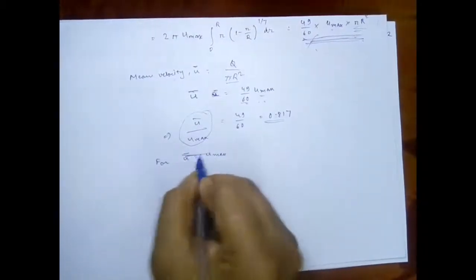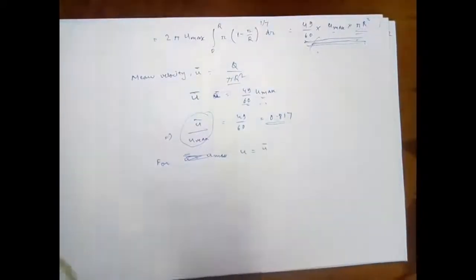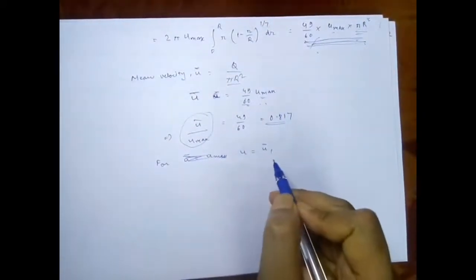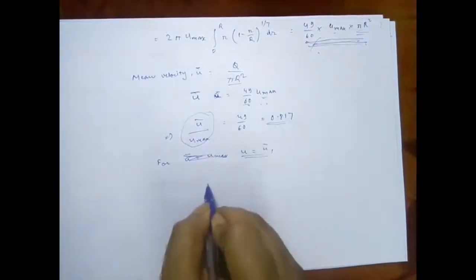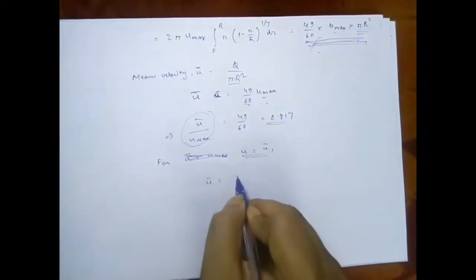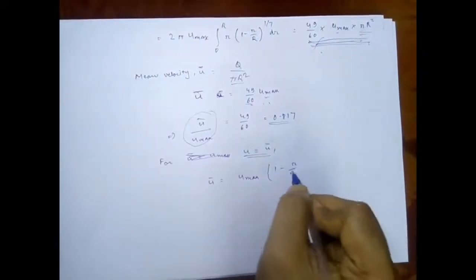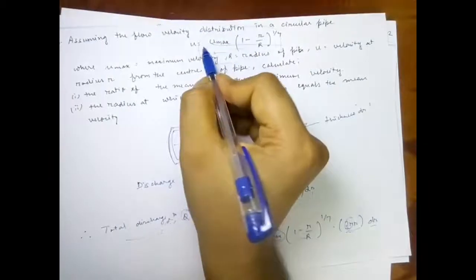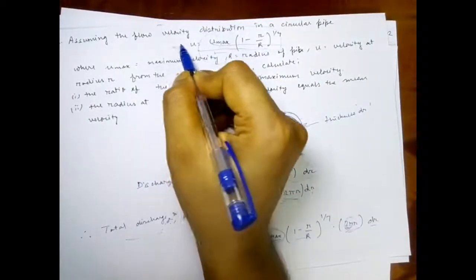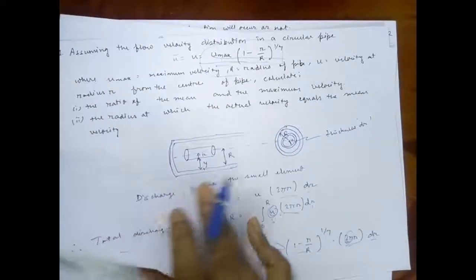Now, for a velocity u to be equal to the mean velocity, suppose u is equal to u bar, then I will write u bar is equal to u max times (1 minus r upon R) to the power 1 by 7, because this was our equation, and now u is equal to u bar. We have now one situation, that is the velocity is equal to the mean velocity.